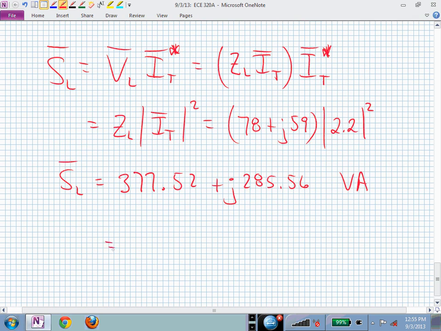Or if I wanted to, I could find that in polar form. And that's now the complex power absorbed by the load, which means I have 377.